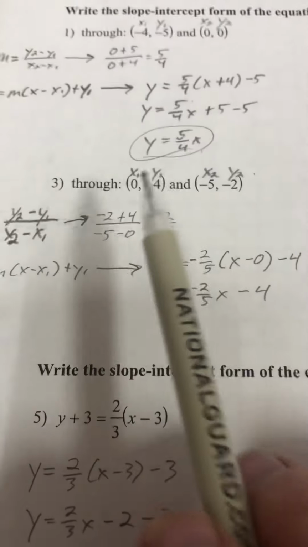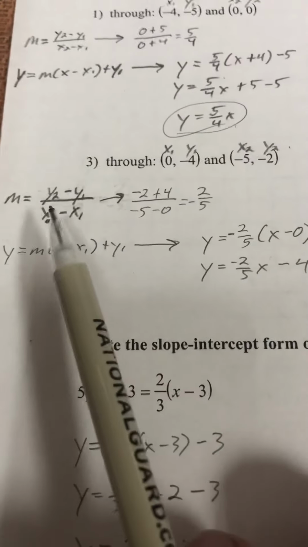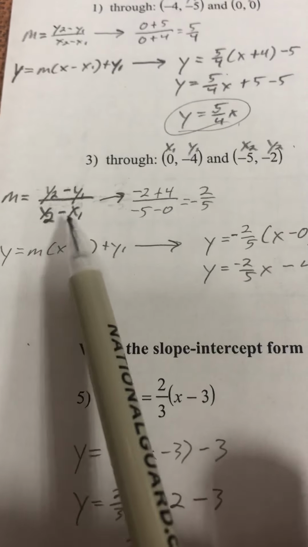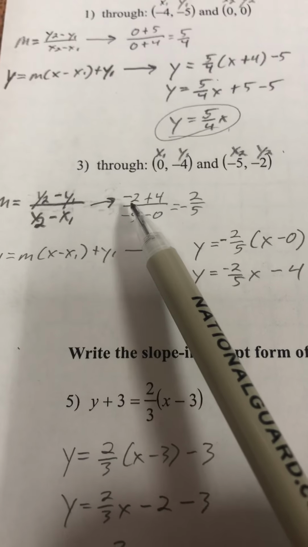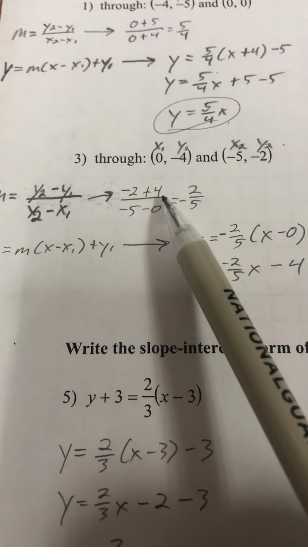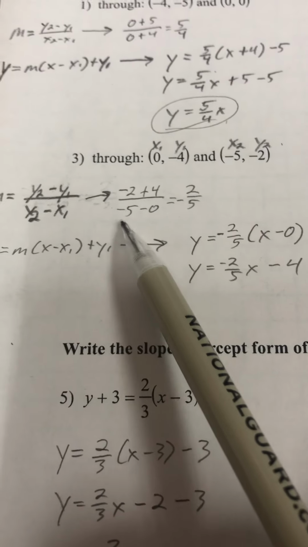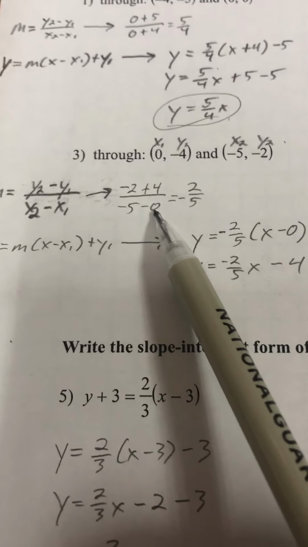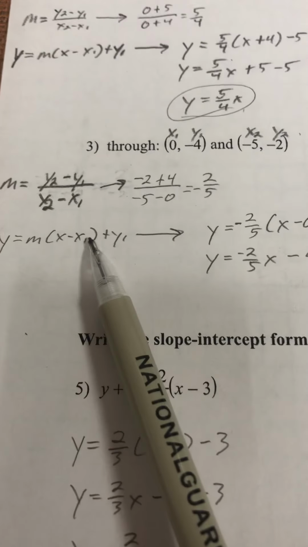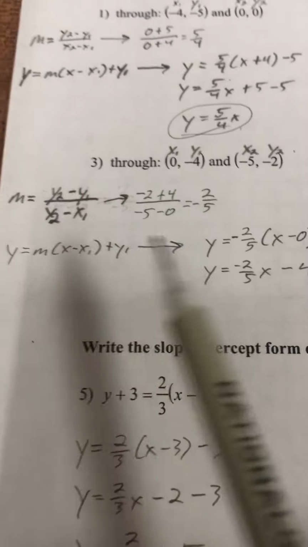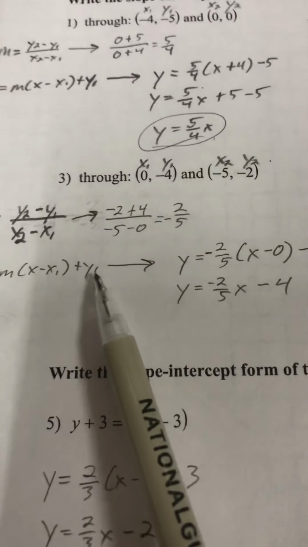For number 3, I label my x1, y1, x2, y2. I use the slope formula, and you're going to want to pause this because I know I'm going kind of fast. I take my y2 minus my y1, minusing a negative becomes positive, and my x2 minus my x1, and I get negative 2/5. I plug that into the changed point-slope form.